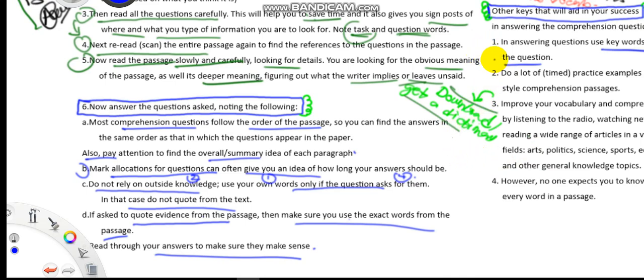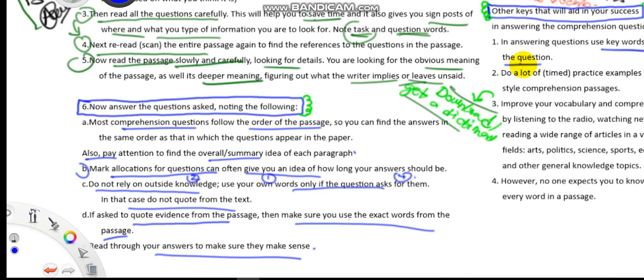In answering, I will have to say, the baboons, and so on. I was asked about the reaction of the baboons, so in answering the question, I use the words the baboons. So this is what I mean: use keywords from the questions.